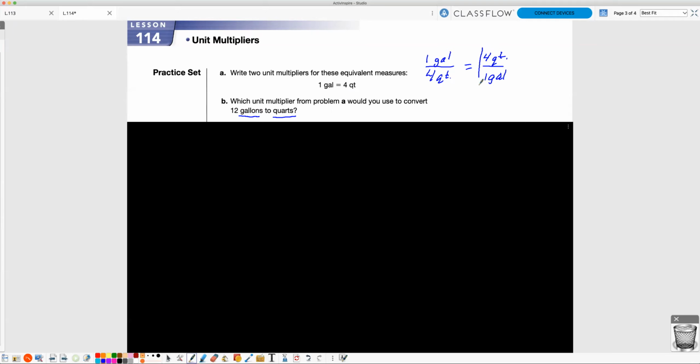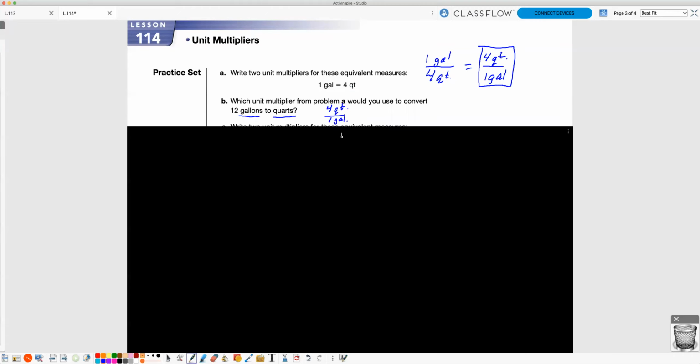So we want to choose this unit multiplier: 4 quarts over 1 gallon, when multiplying by 12 gallons to find the equivalent quarts. The gallons would cancel each other out, and I'd be left with 4 times 12, which would be 48, and then the label would be quarts.